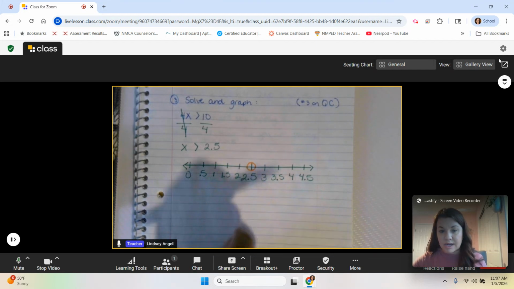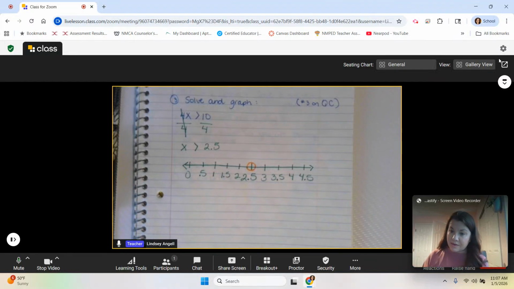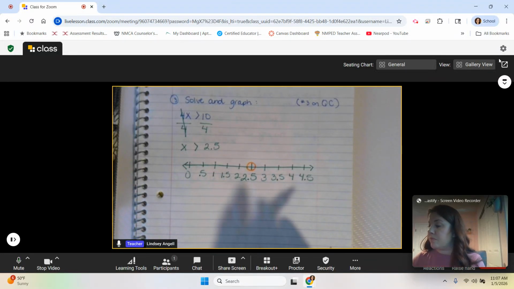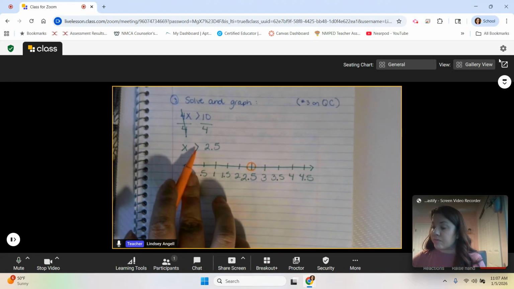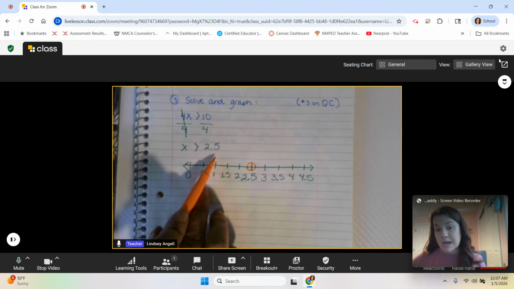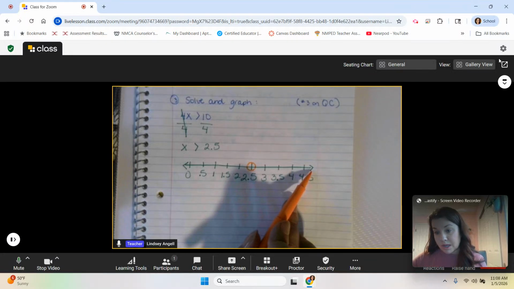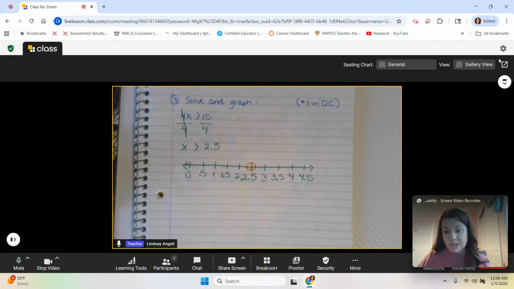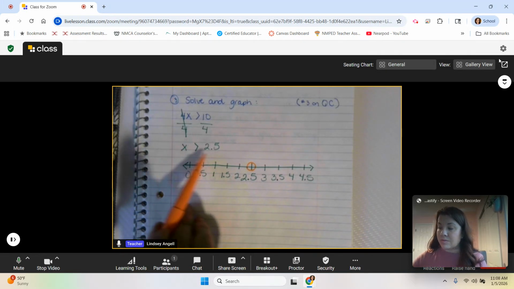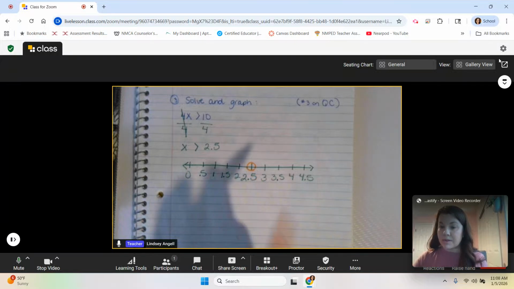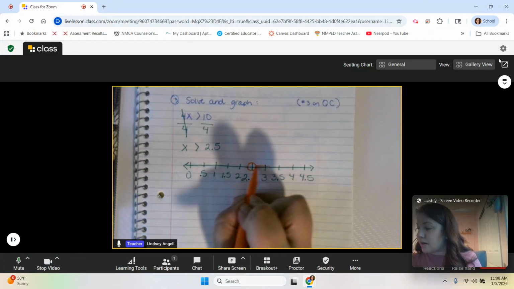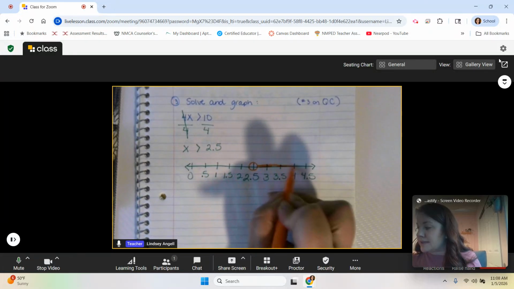I can't color it in and count it as a number that fits this inequality. Then, since my x is on my left, I'm set up to use our little trick where my greater than symbol looks like this end of the number line, so that's the direction that my arrow needs to face as well. And think about it, x is greater than 2.5, well, any number that's greater than 2.5 is going to be to the right. So that's where my arrow needs to face.